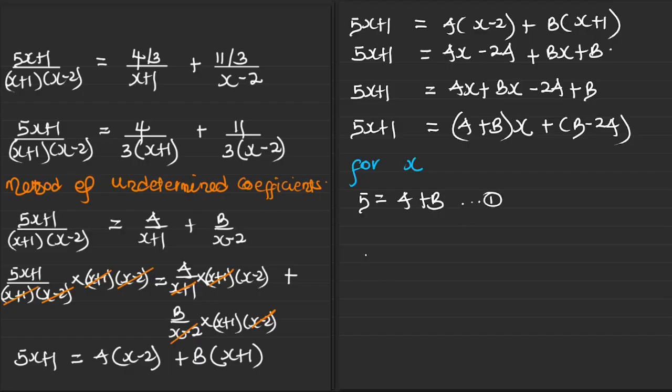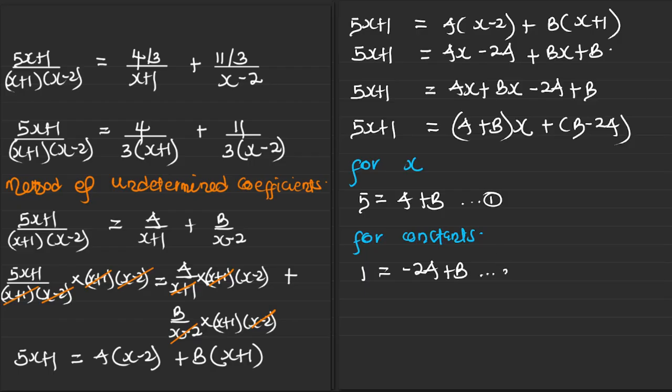Then for your constants, what we have here as our constant is 1. So 1 is equal to, and what we have left here, b minus 2a. Or better still, let's write it as negative 2a plus b.